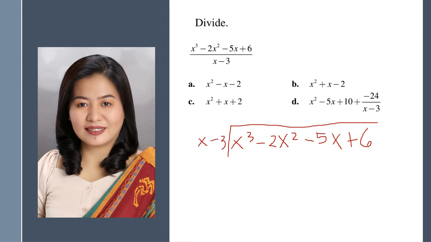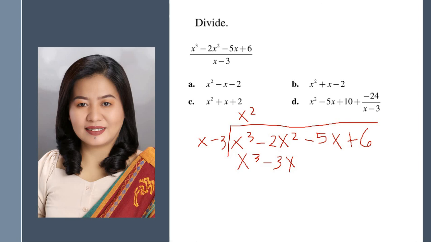x cubed divided by x is x squared. x squared times x is x cubed. We also multiply x squared by negative 3, and that gives us negative 3x squared.